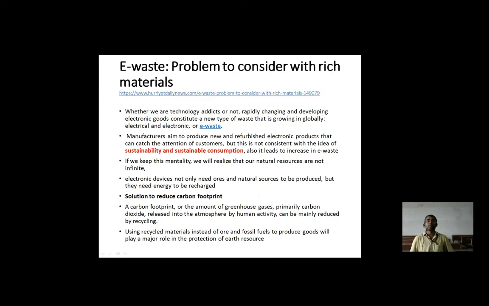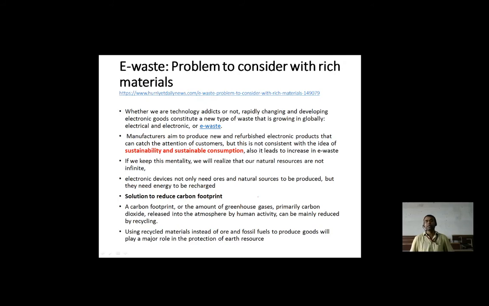That's a problem we are facing now: global warming. We are raising the temperature of our mother earth due to this waste which we are throwing into nature without taking care of it. So how do we need to take care of these things?